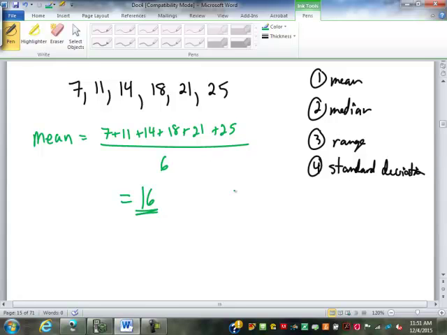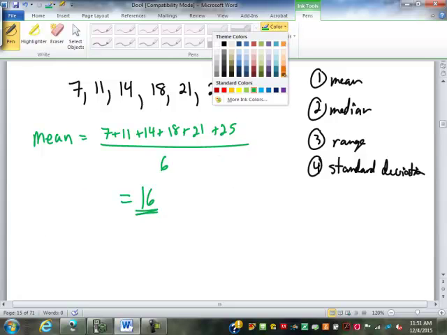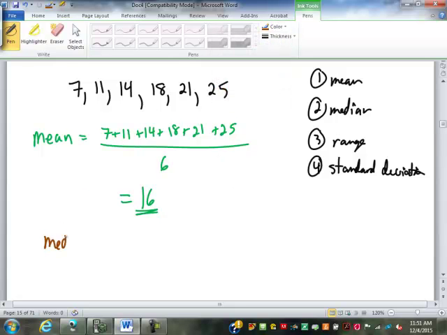Great. Median. How do we find the location of the median? Well, it's 0.5 times n. What's n here? 6. 0.5 times 6 is 3.